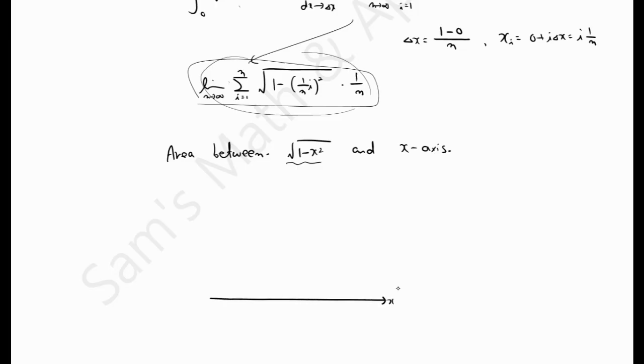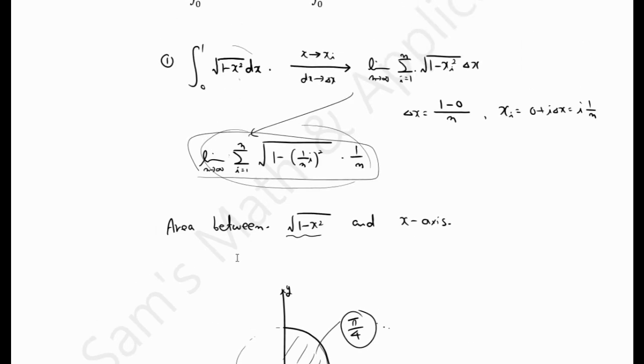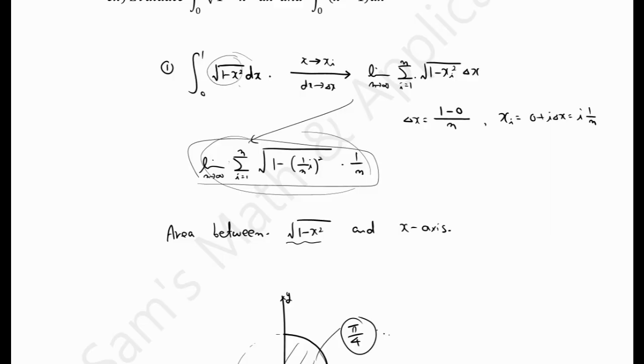This is x and this is y. This area, the radius is 1, so this area is pi over 4. This is the answer. This is very easy. If you can graph this curve, you don't need the Riemann sum in order to find the area.